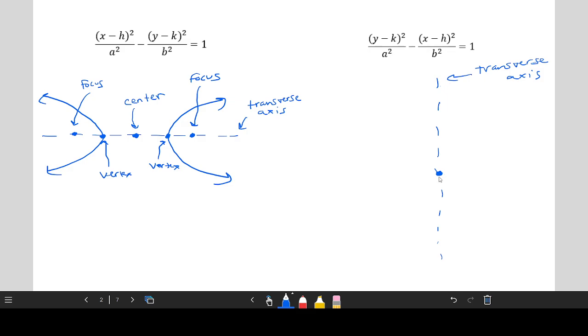We still have a center, two vertices, and two foci lying on that transverse axis. The center is halfway between the two vertices, and it's also halfway between the two foci. We'll talk about those distances a little bit more in a minute. But the branches are going to open up and down now.